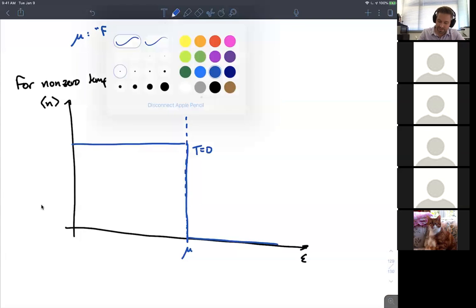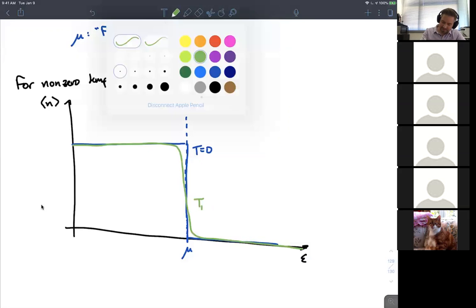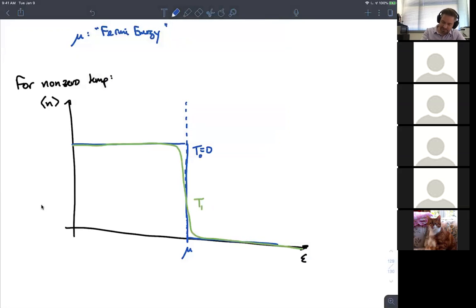All right, so now what's warmer than blue? Let's go green. For a little bit higher temperature, it still looks roughly the same, but it just starts smoothing out a little bit. So instead of being a step function, it starts being smooth. Let's call that T1, and the blue one is T0.